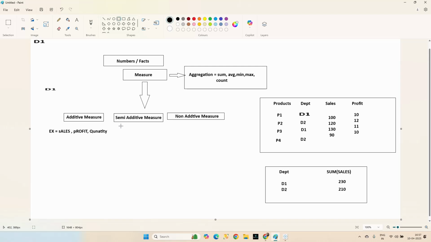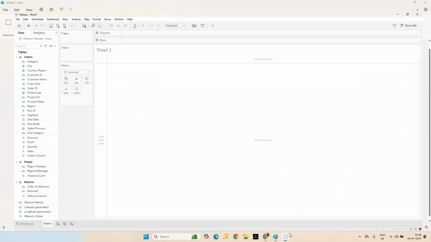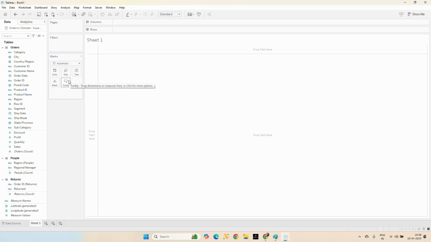If the measure is giving us meaningful output with only a few aggregations while analyzing the dimension, then such a measure is known as a semi-additive measure. This example I'll show in the visualization in the Tableau tool.